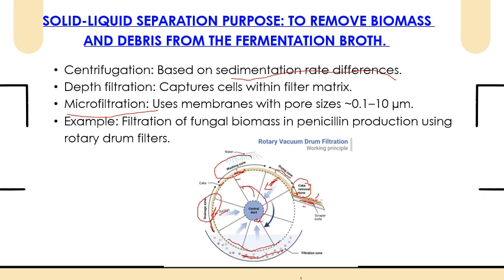The rotation acts as a filtering surface. Usually at a large scale, that will be helpful, especially for large particles like biomass or cell debris after the fermentation. This is one of the methods that is used for fungal biomass because the fungus itself is larger than bacteria.